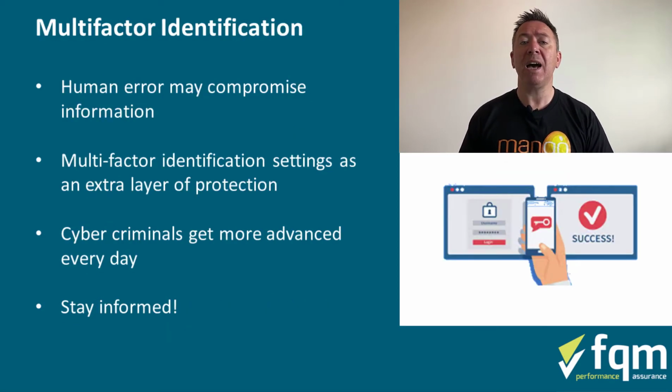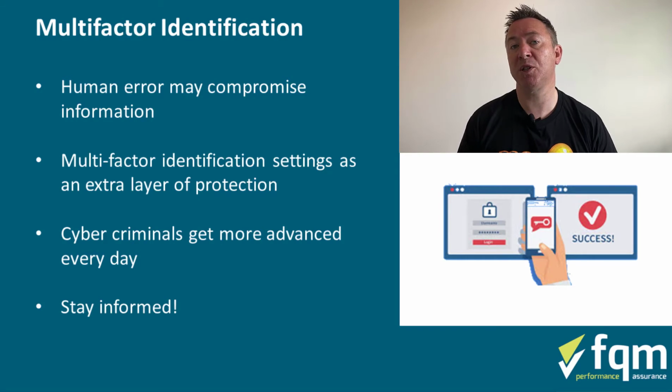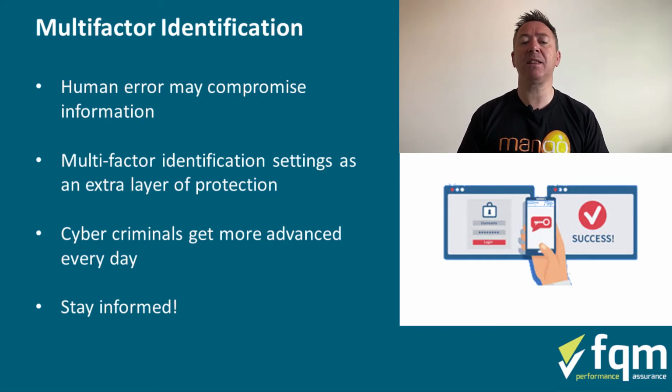And let's talk also about multi-factor identification or authentication. So when humans are involved in our business processes, regardless of how good our policies and rules are, sometimes mistakes will happen. Human error.